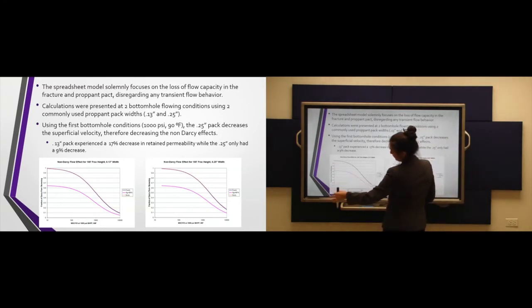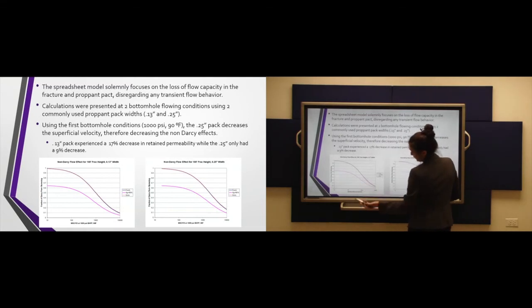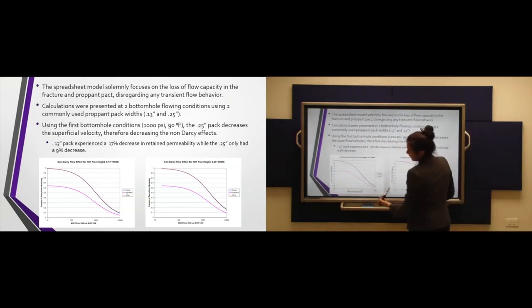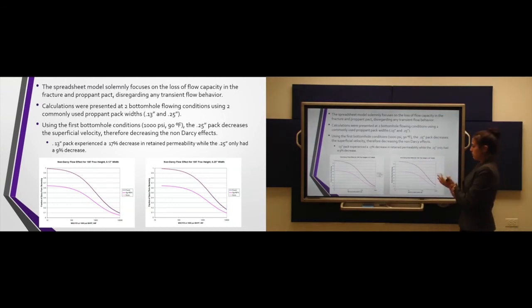This y-axis is the fraction of Darcy permeability remaining. So this lower line, the magenta colored one, takes non-Darcy effects into consideration because of the velocity that was used. It has a much lower fraction of Darcy permeability remaining, which is also for the 0.25 centimeters. So both show the same thing, but the 0.13 centimeter pack resulted in a higher reduction in permeability fraction.